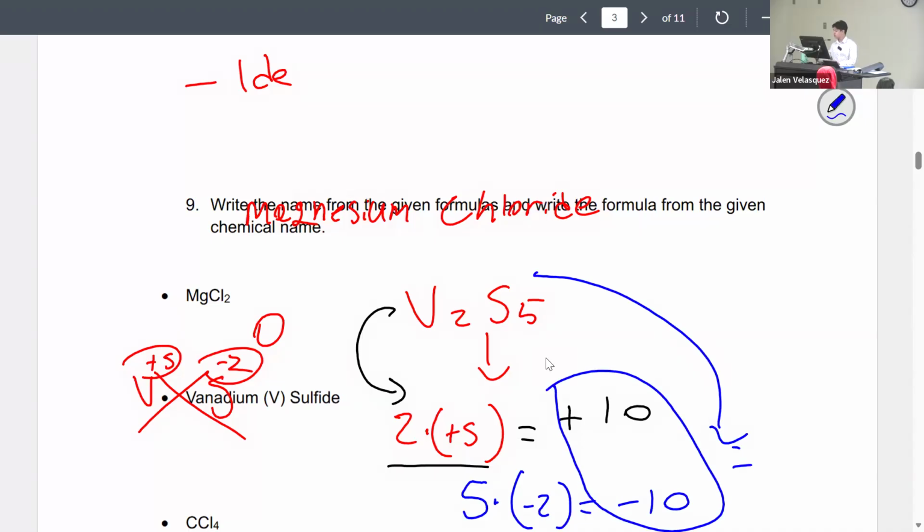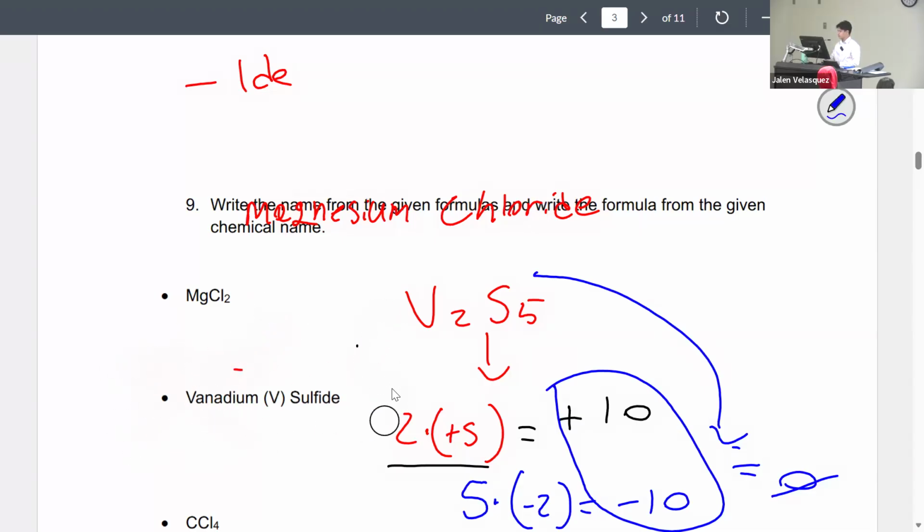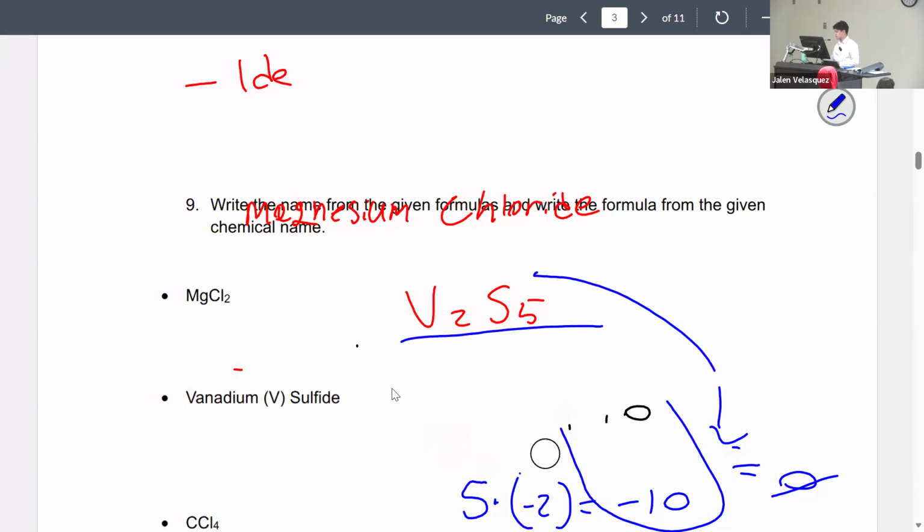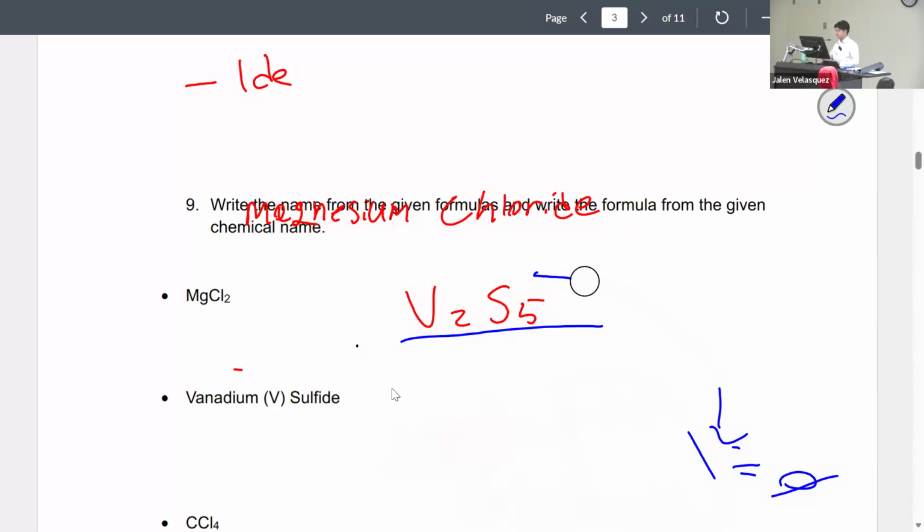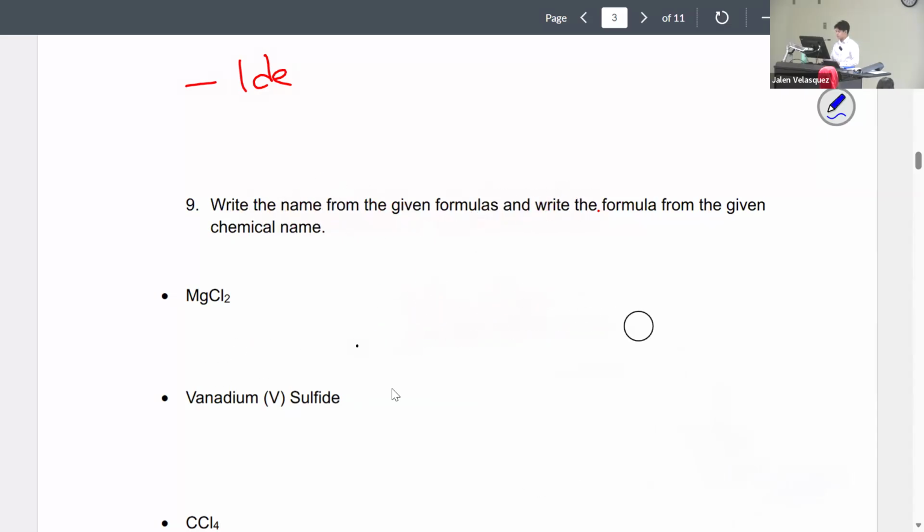So this equals 0, and that's why you have a net 0 charge. So that's why the drop and swap works. Okay, so here's our formula for vanadium 5 sulfide. Any questions on that one? Good. Okay, next one.